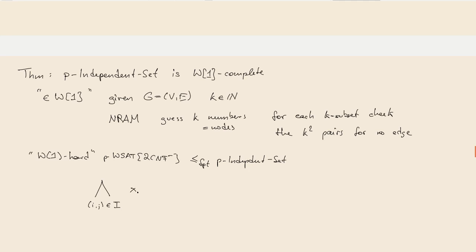And then each clause looks like this: not xi or not xj. There's some given set I that contains all the variable index pairs that have such a clause.